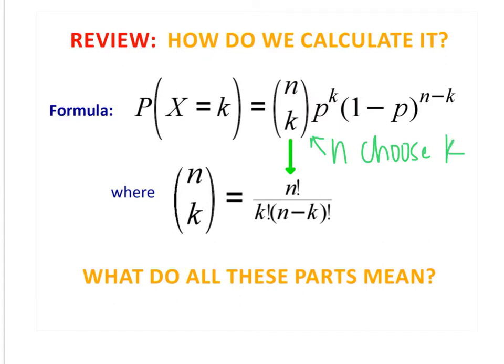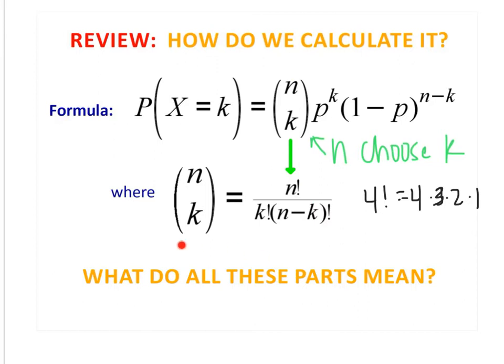That piece is n factorial over k factorial times n minus k factorial. And we said a factorial, for example, 4 factorial is 4 times 3 times 2 times 1. So factorials are just that number times all the numbers below it. That's a review from Algebra 2.